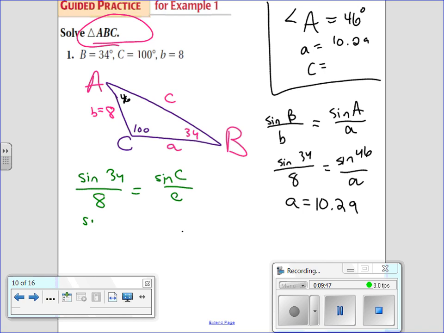So sine 34 over 8 equals sine 100 over c. 8 times sine 100 divided by sine 34. Did you guys get 14.09? Uh-oh. I would look at what Spencer did, maybe try typing it one last time.